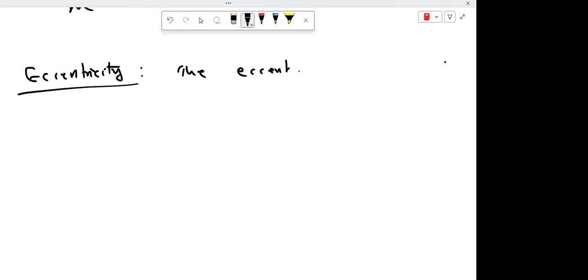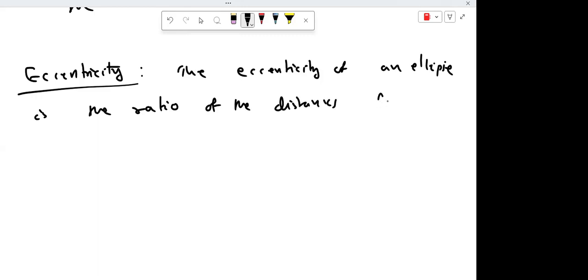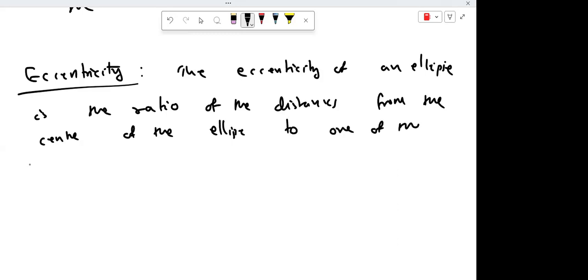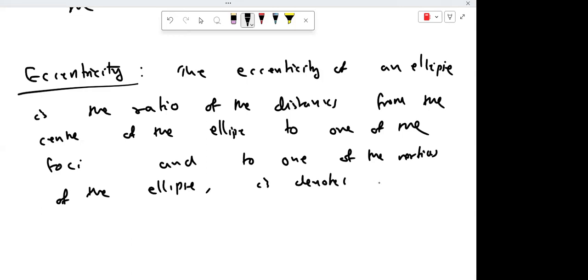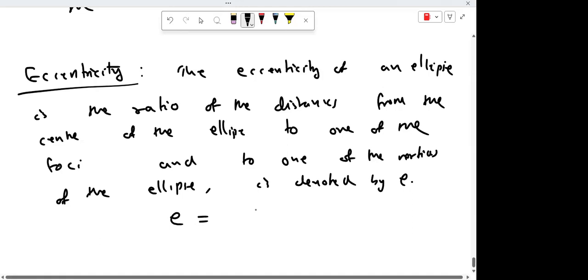The eccentricity of the ellipse is the ratio of the distances from the center of the ellipse to one of the foci and to one of the vertices of the ellipse. It is denoted by E.